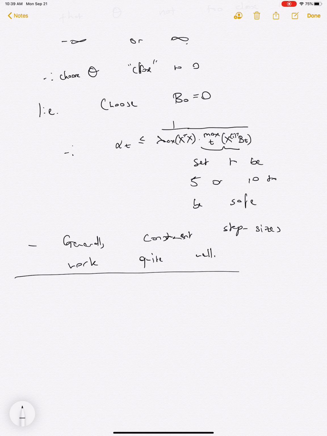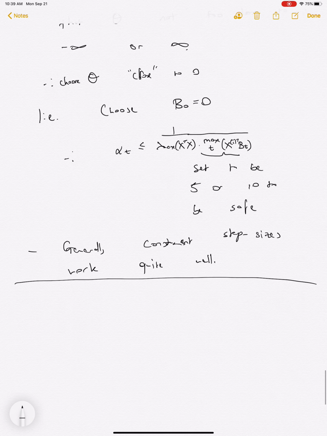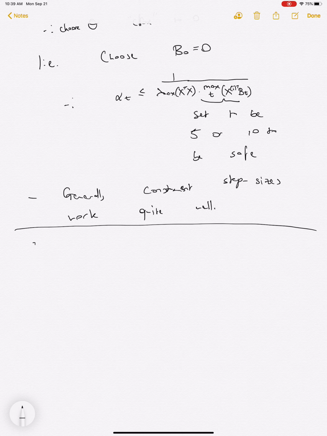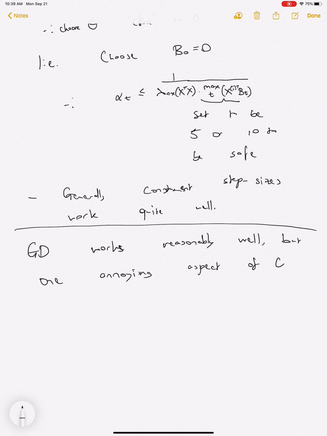Okay, so GD works reasonably well, but one annoying aspect of GD is always having to choose step sizes.